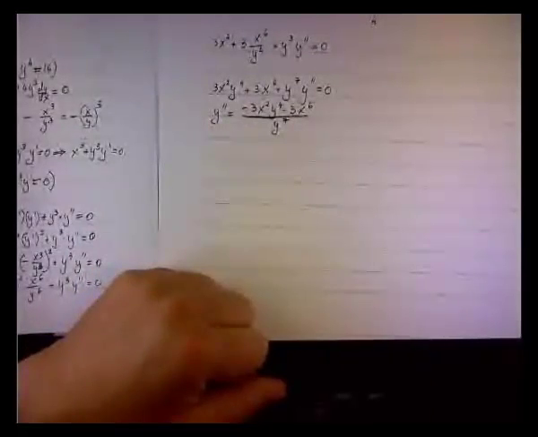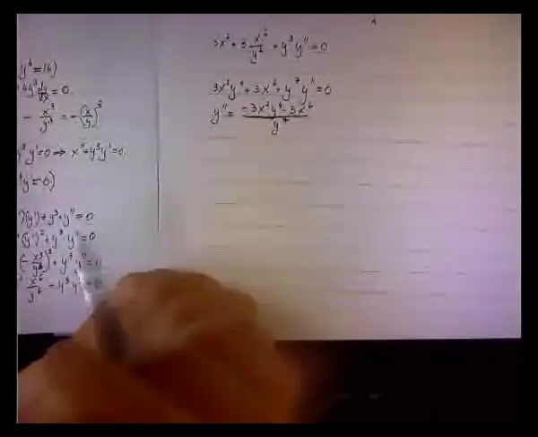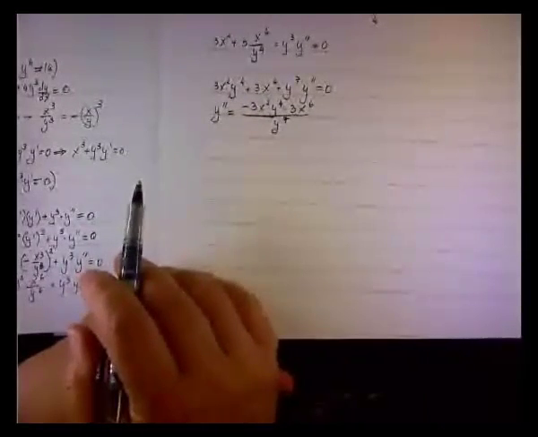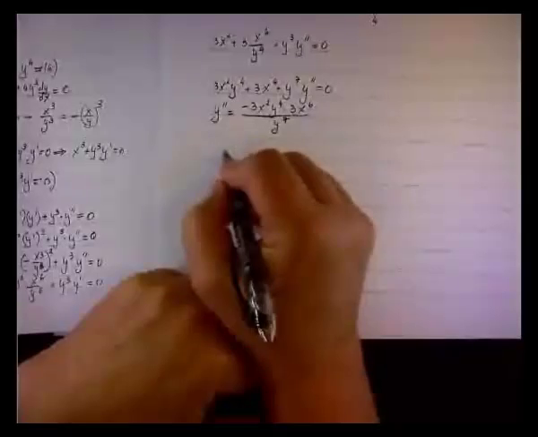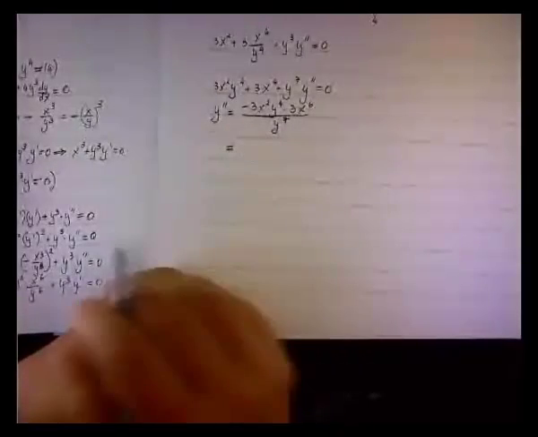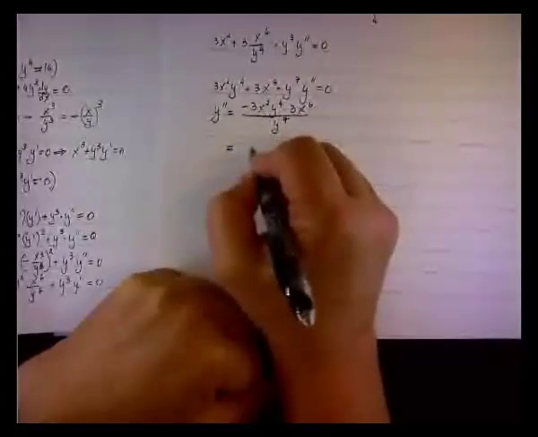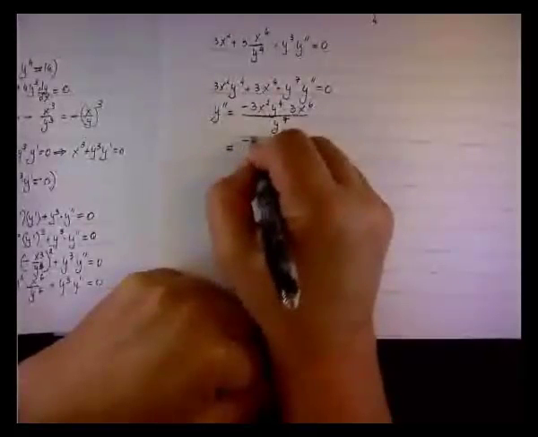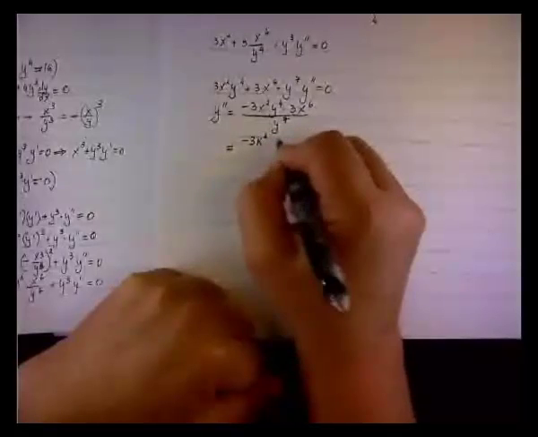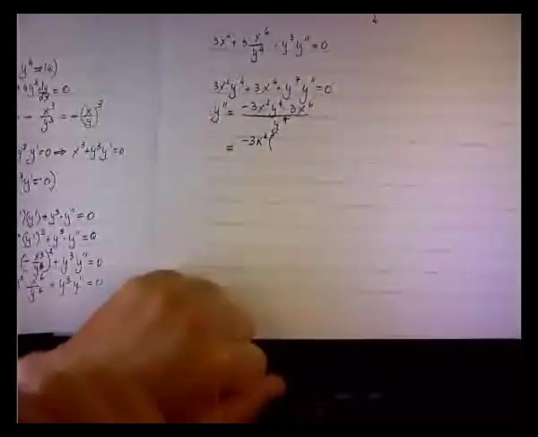But I can simplify. Actually, I have a major league simplification here. Can anyone see the major league simplification? Okay, what shall I do with it? Factor it? Okay, so say it in a complete sentence. And what's left?